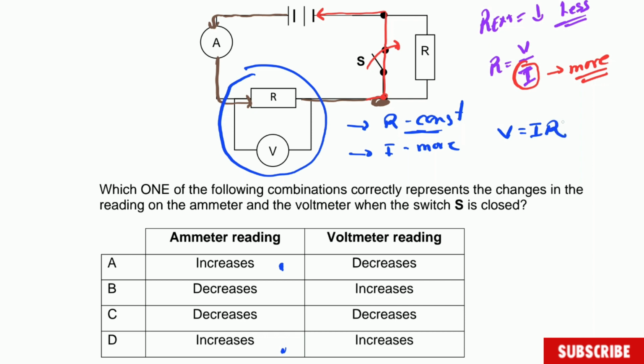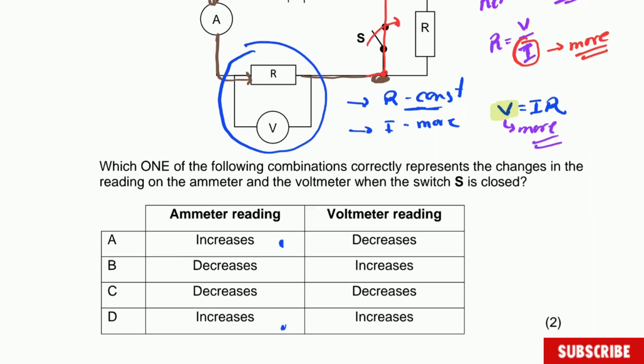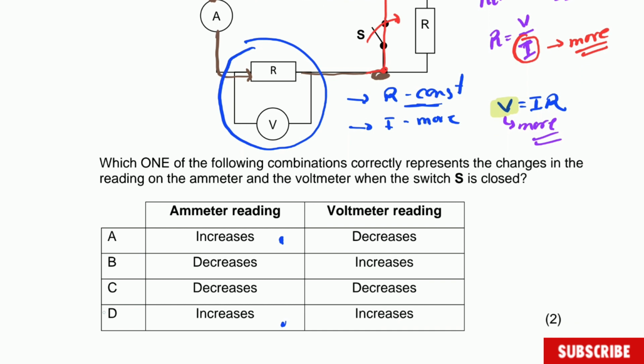If resistance is constant and the current is more, thus the potential difference is also going to be more. So the correct answer must be D, in which the current is more but the potential difference is also more.